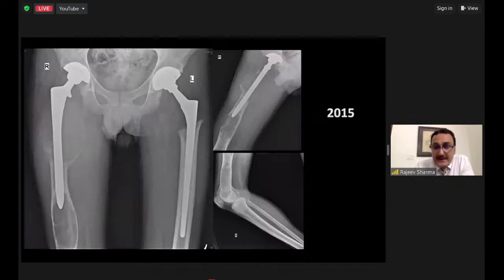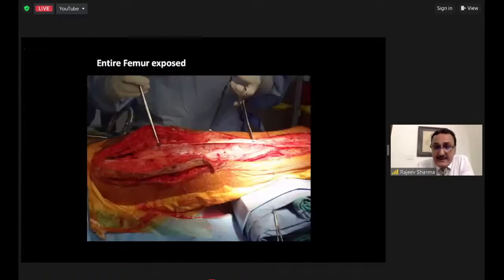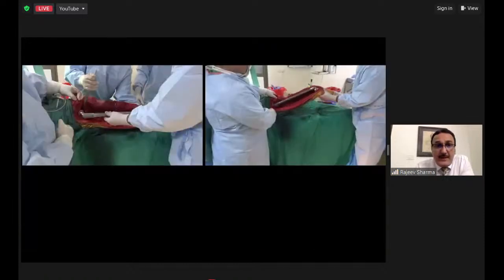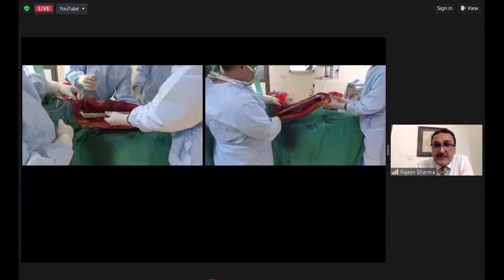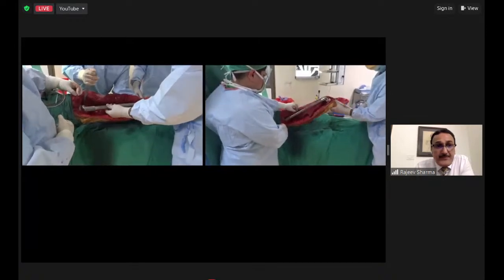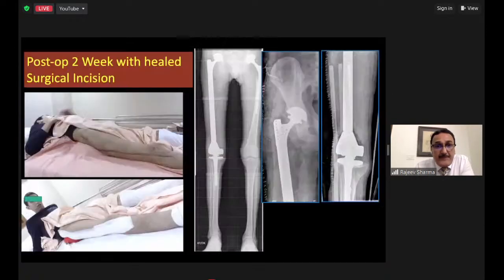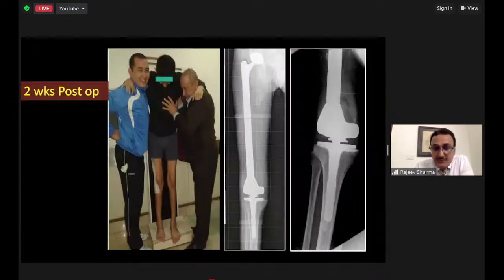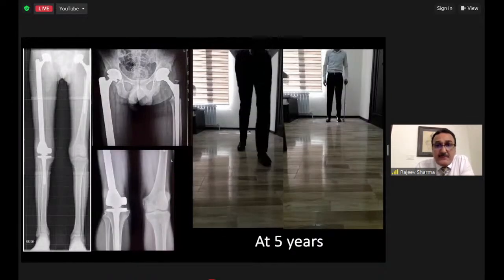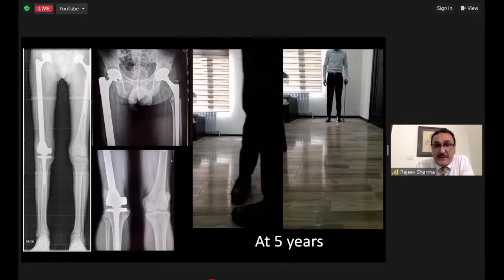The other case that I'll show is another very interesting situation of the constrained liner. This patient had a total femur replacement, and with the total femur replacement, we used the constrained liner. That's the 2 weeks post-operative, and that's the 5 years post-operative, where the patient was doing very well.